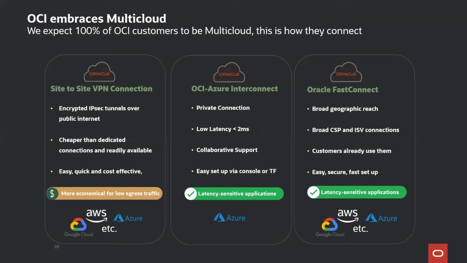You can go into the console of OCI and choose the Fast Connect Microsoft partner, or you could go into the Azure console and choose the ExpressRoute Oracle option. So a lot of our bigger companies are choosing this relationship to take advantage of a really unique partnership that we have in the cloud space with Microsoft.